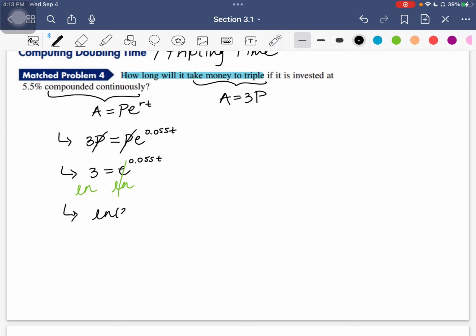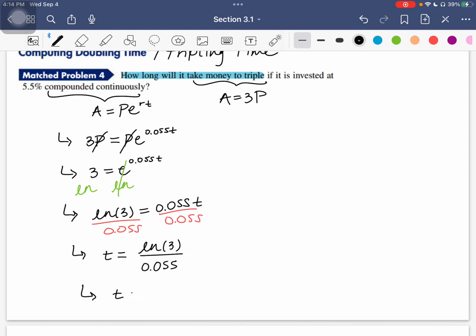So we get ln of 3 is equal to 0.055t. And then solving for t, we get t is equal to ln of 3 all over 0.055.